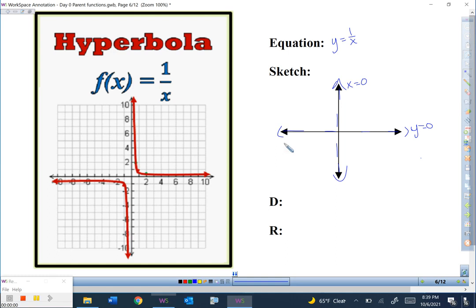So you're going to use these asymptotes to guide you. Start at the asymptote and end at it, and you just match that curve. This is the shape of a hyperbola, but on top, if you would, we're going to actually call this an inverse. The shape is a hyperbola, but the parent function's name is an inverse.